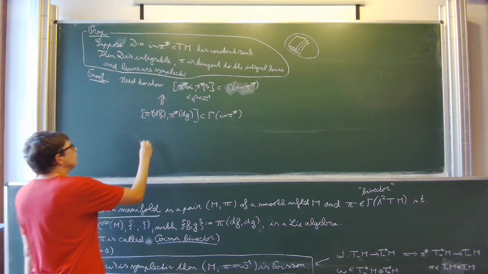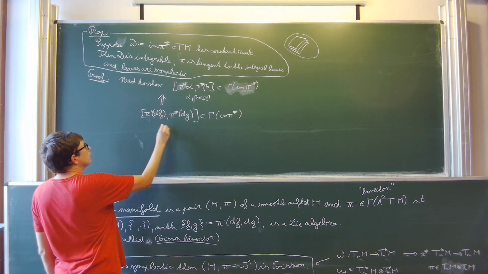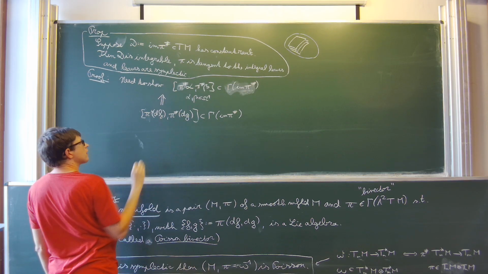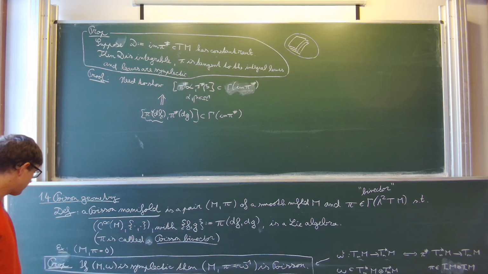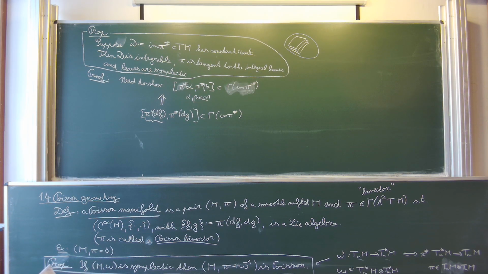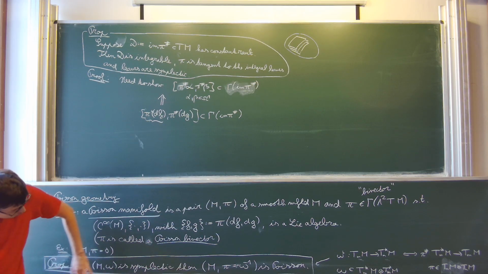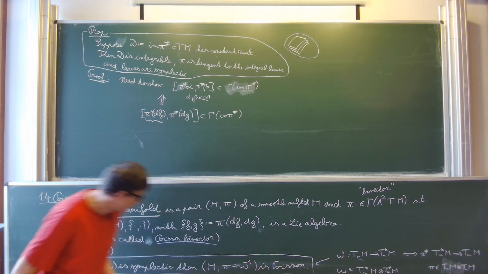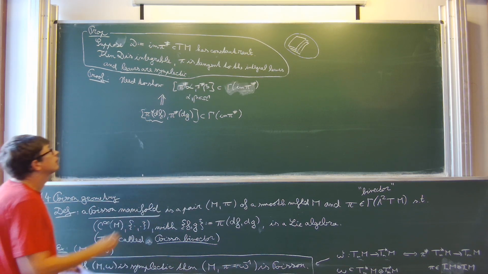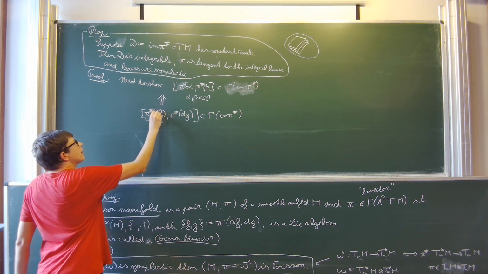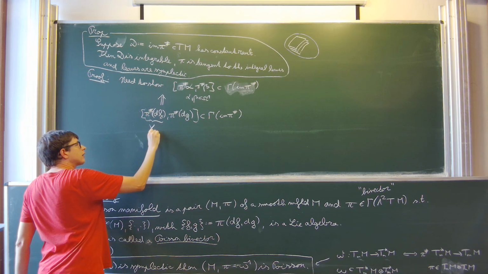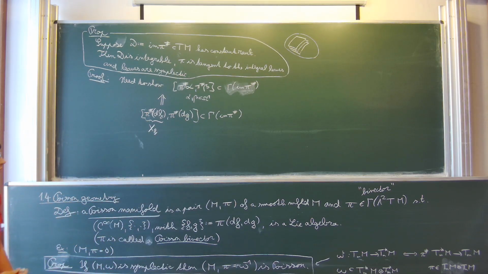Okay, what is this now? So let's prove this second thing, which is easier. It's easier in particular because we know what these things are. So this thing, well, if you follow the proof until here, then you will see that pi sharp of df is nothing else than the Hamiltonian vector field for f.